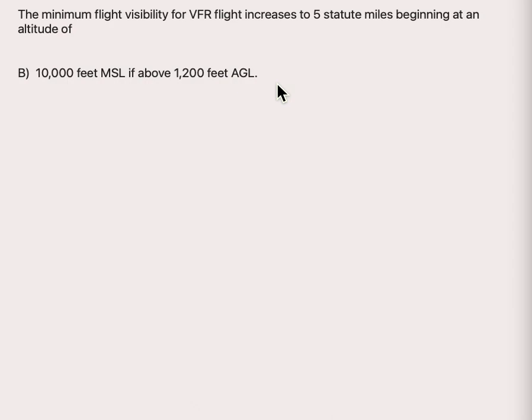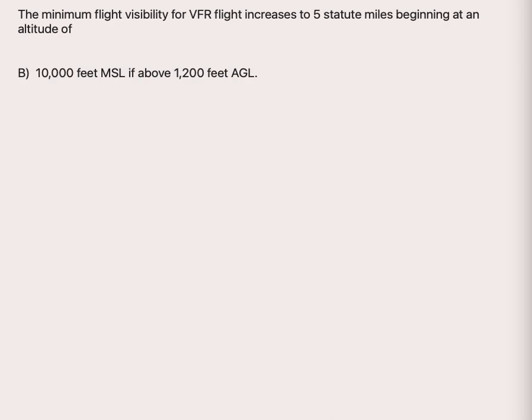So to go over the different airspaces, let's see here. If you're in VFR and you're above 10,000, you're in Class Echo airspace.